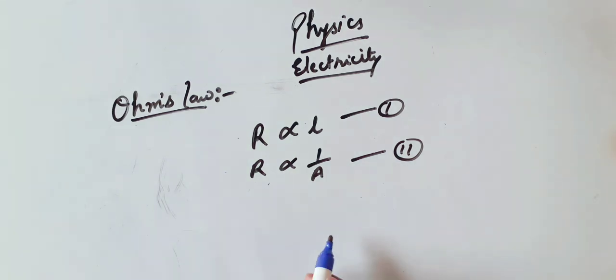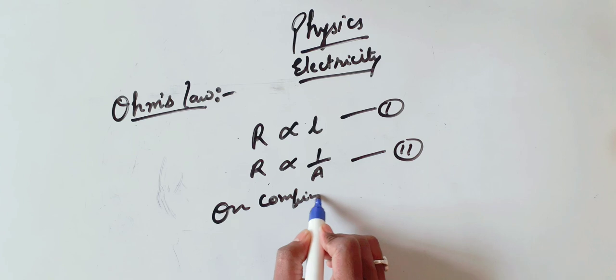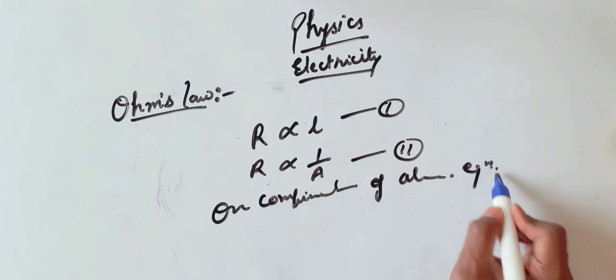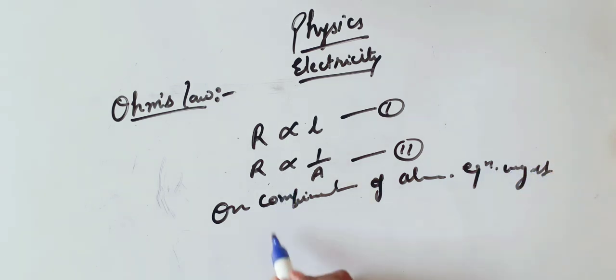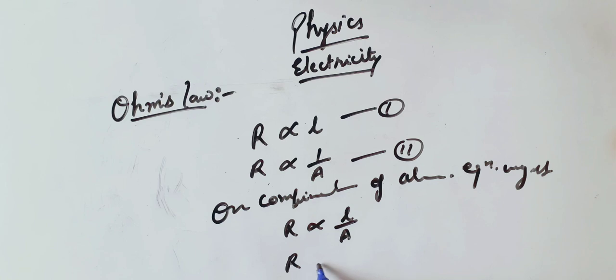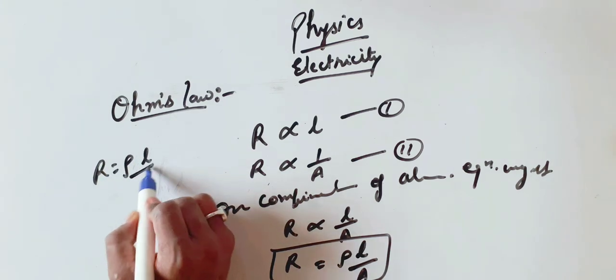On combination of the above equations, we get R directly proportional to L by A. When proportionality is removed, there will also be a constant term called resistivity. So resistance equals rho L by A.